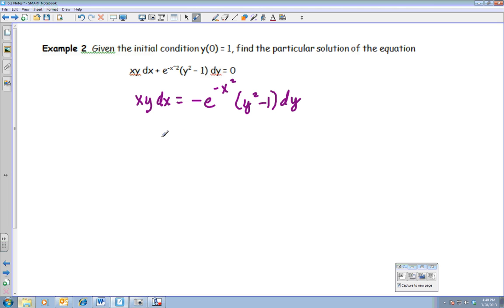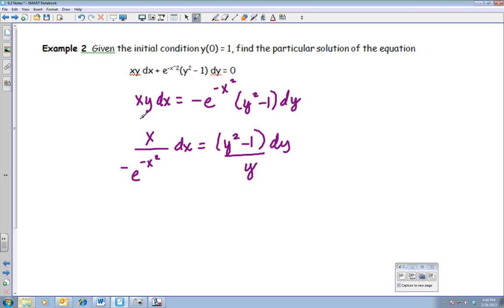So when I do that, I have x over negative e to the negative x squared dx, equals y squared minus 1 over y. So I just moved everything so that it's where it's supposed to be.